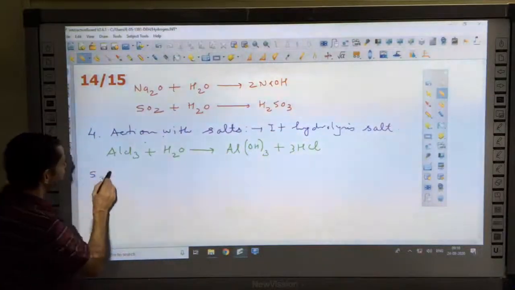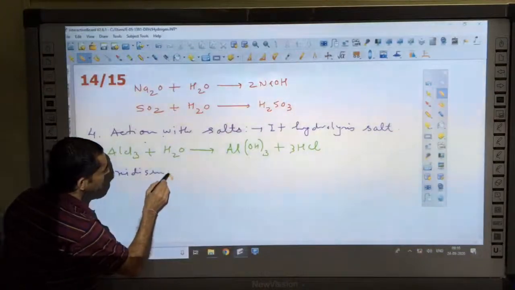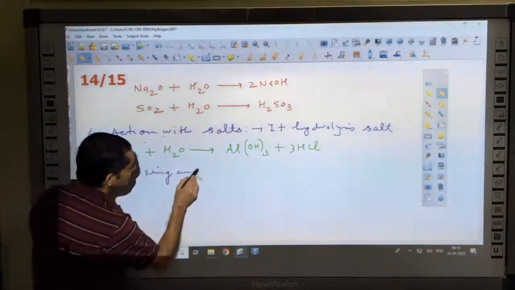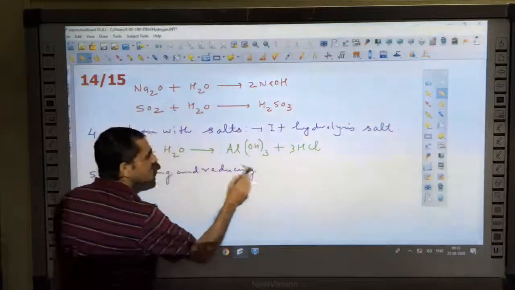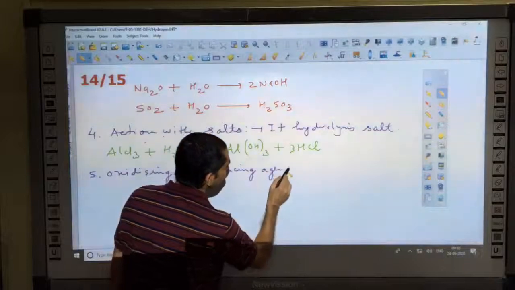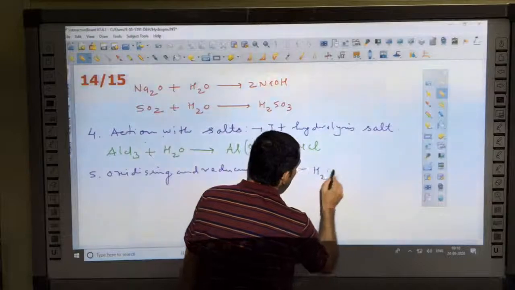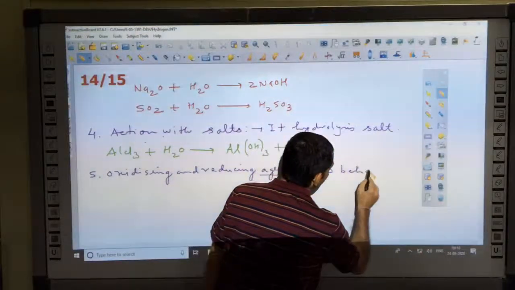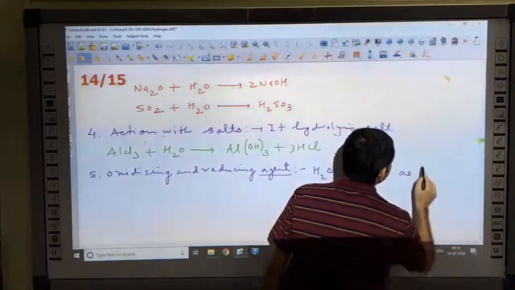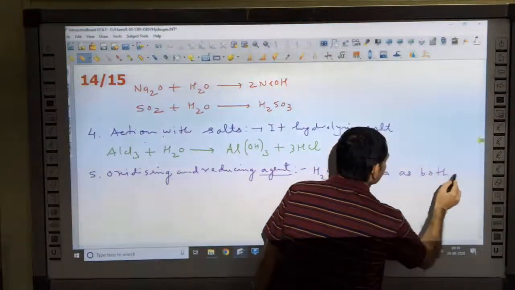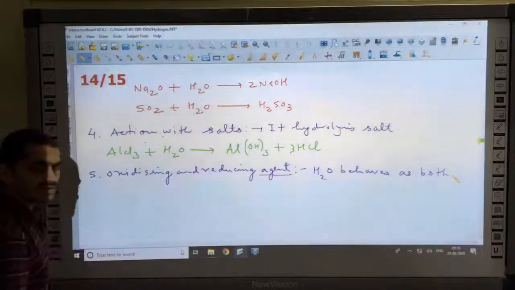Number 5, oxidizing and reducing agent. Water can behave as both oxidizing as well as reducing agent. Both means it is behaving as oxidizing agent and reducing agent. Let us see the reaction.